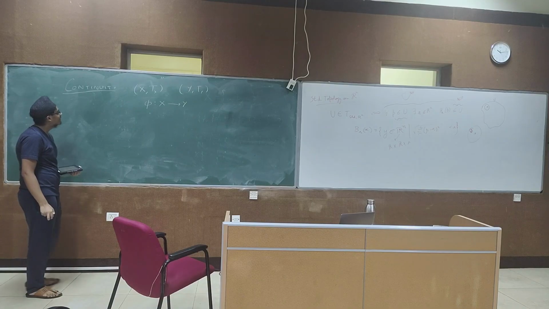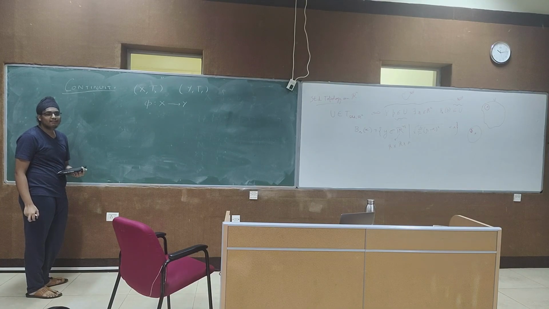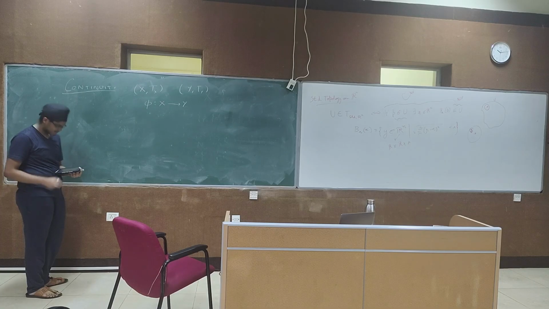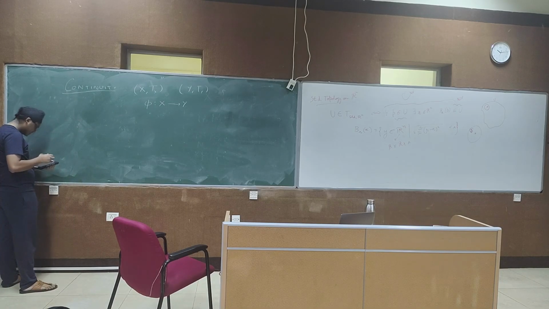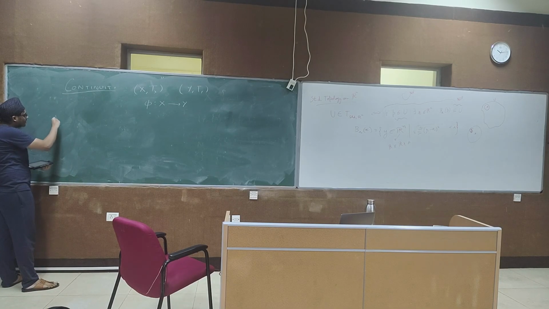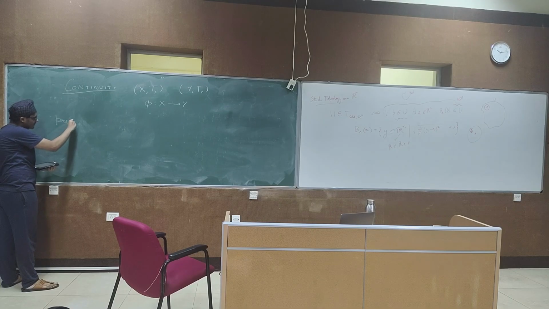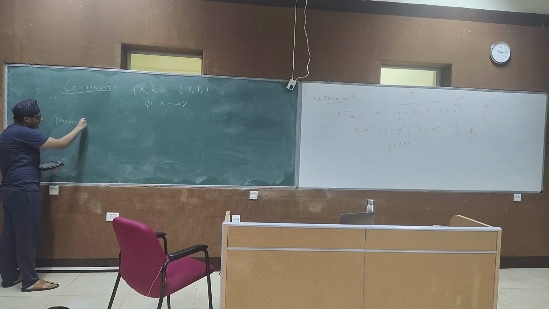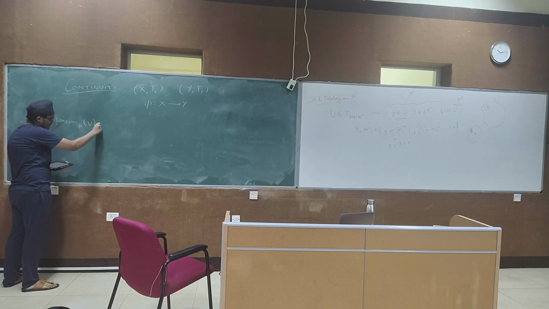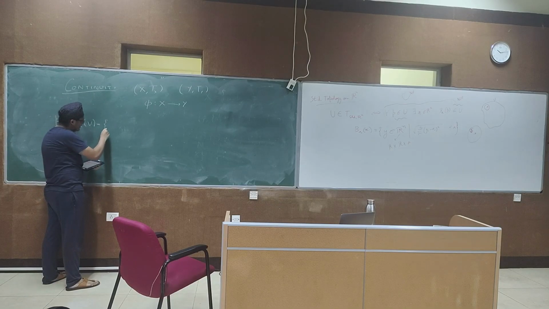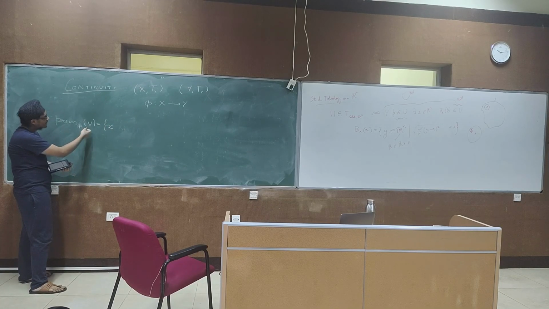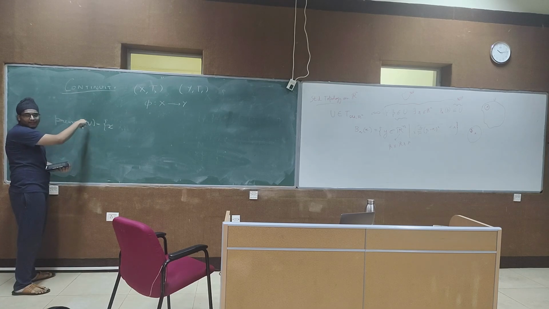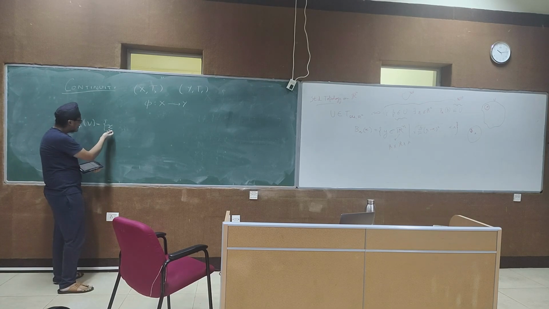Okay, before I define this, do you guys remember the notion of pre-images? Pre-image of a set. I will just write it here. The pre-image under the map phi of some set V is the collection of all points.